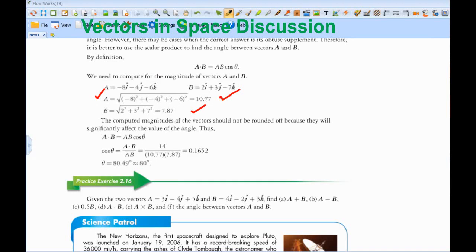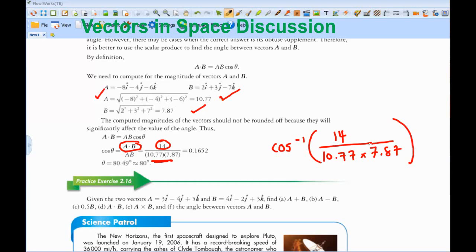Right, now, what is the A dot B product? What did we get? A dot B is 14, right? So you divide it by the product of the two magnitudes. So cosine negative 1 of 14 over 10.77 times 7.87.